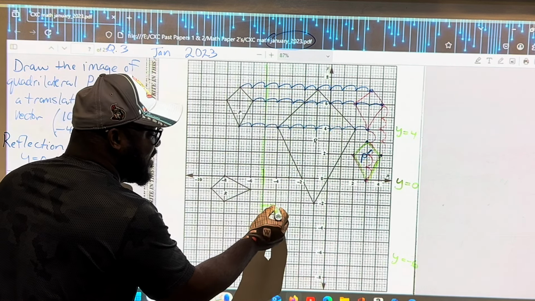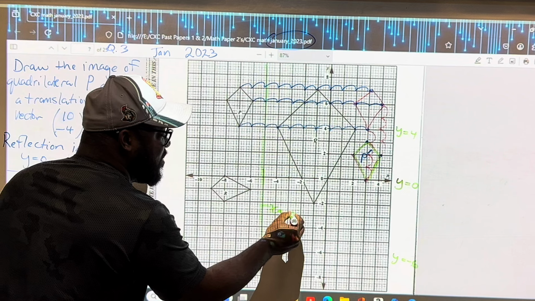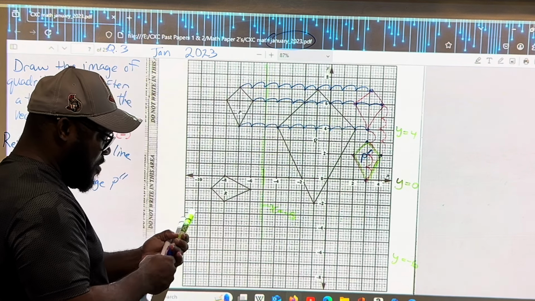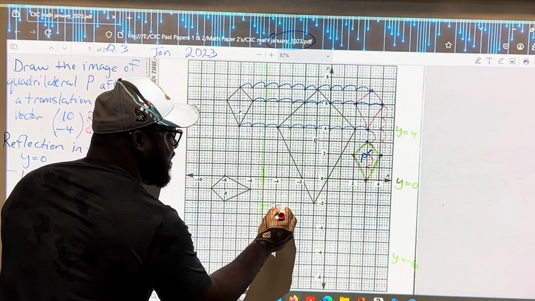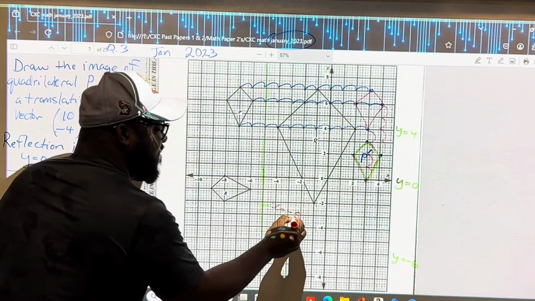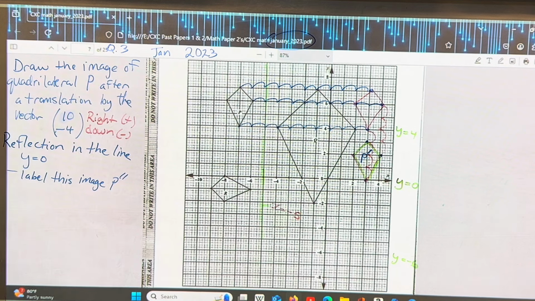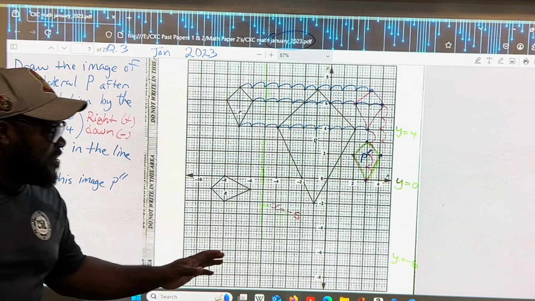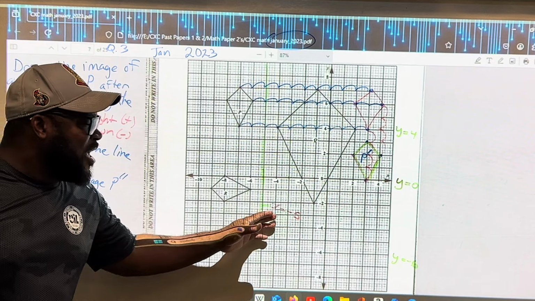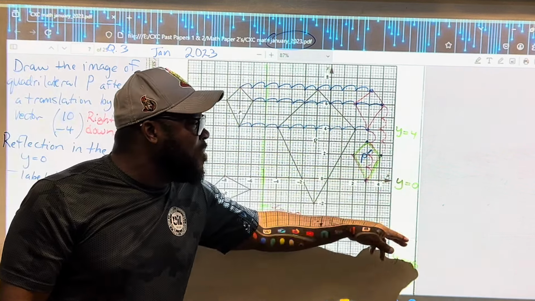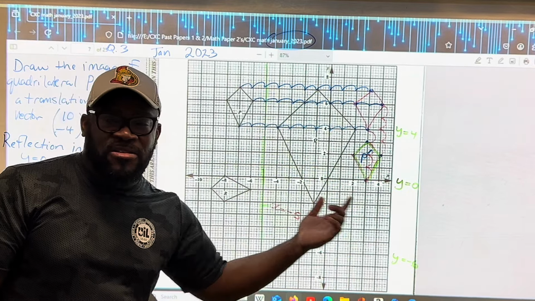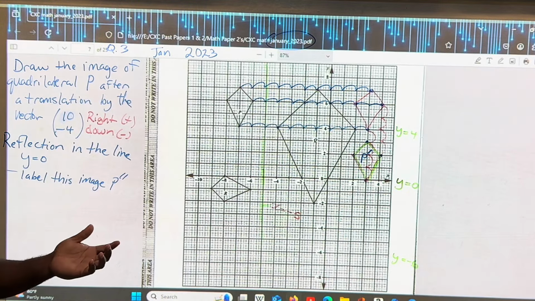This line is x equals negative 5. So remember, x equals whatever number is a vertical line, and y equals whatever number is a horizontal line. It feels kind of odd, but that's what it is, okay?